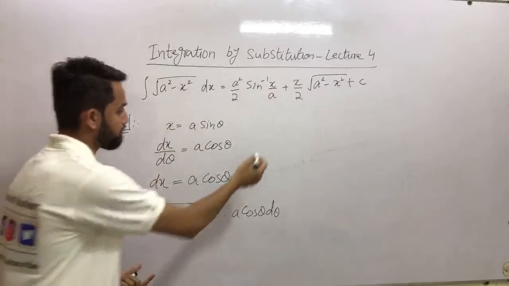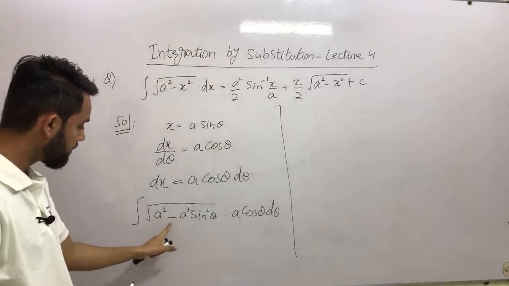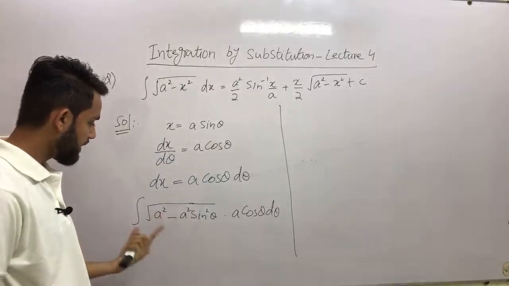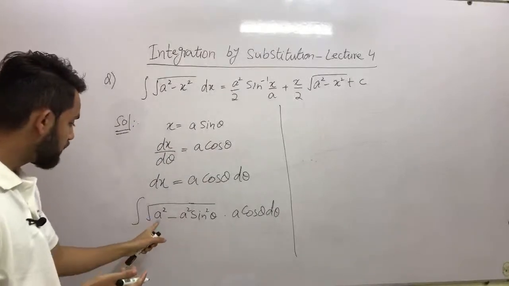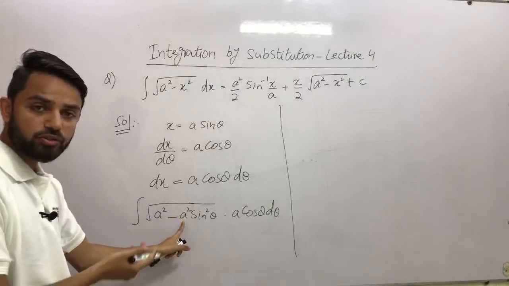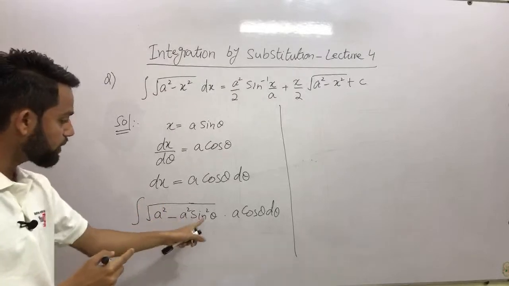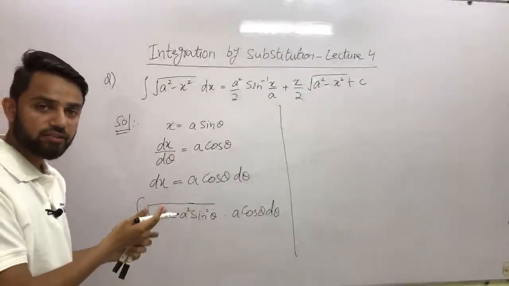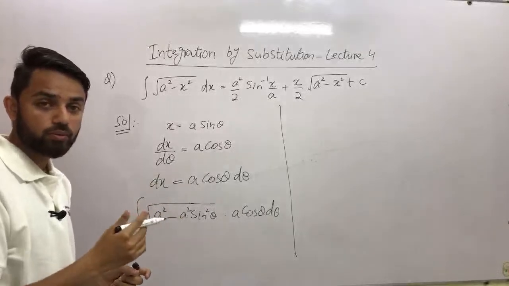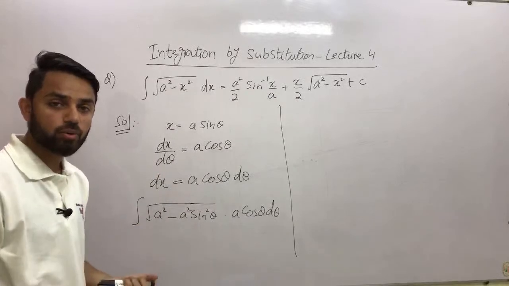Now you can take a square common from here. I am going to do a direct step, and I will explain it to you, like I did in my previous question as well. Since a square is here and a square is here, you can take a square common, so it would be a square into 1 minus sine square theta. We wanted to write this a out of the square root. Once you take a square out of the square root, it becomes a, because square and square root cancel.